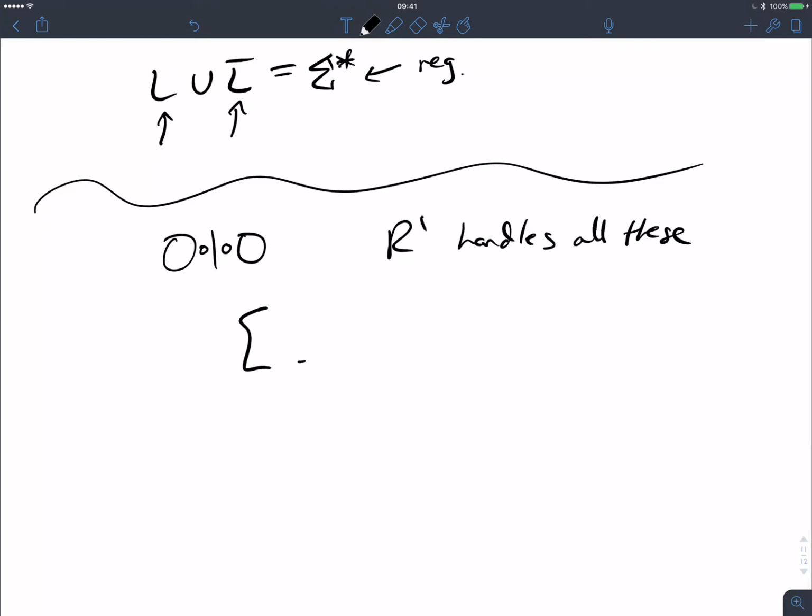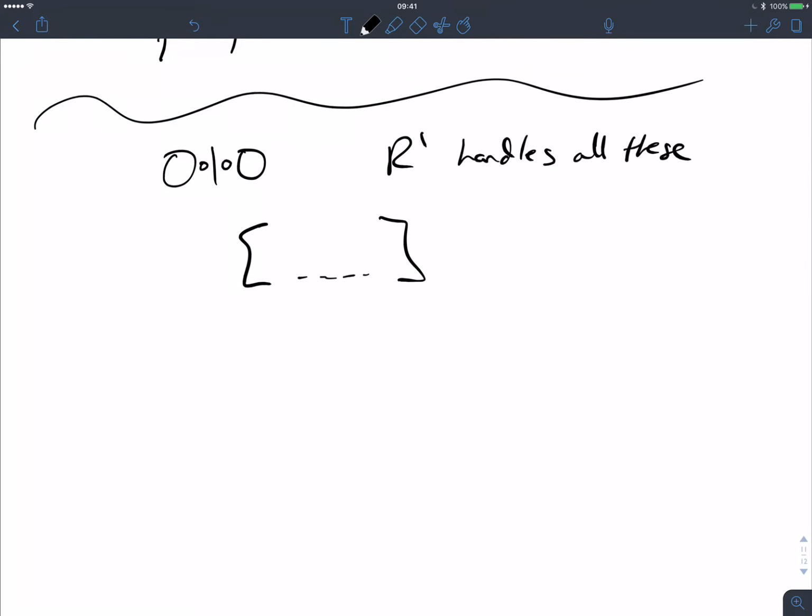What can go in between any pair of brackets? Any regular expression without brackets. Do we have a name for a regular expression without brackets? It's called what? Someone shout it. There's R prime up there. R prime, thank you. R prime generates everything that could appear between any pair of brackets.